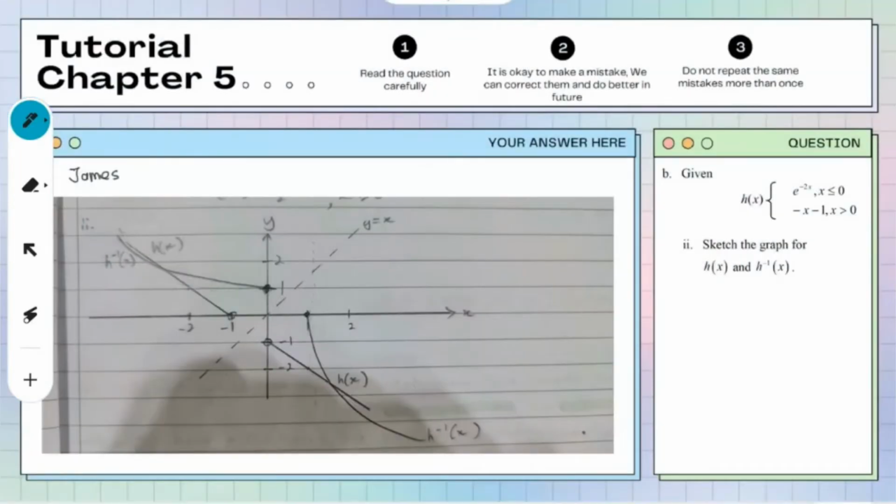Okay. This one is our graph, like what I showed. So for this one, the shape of the function is already correct.